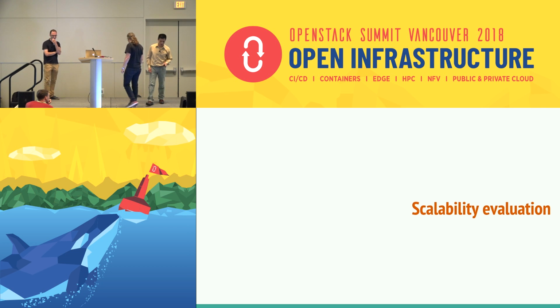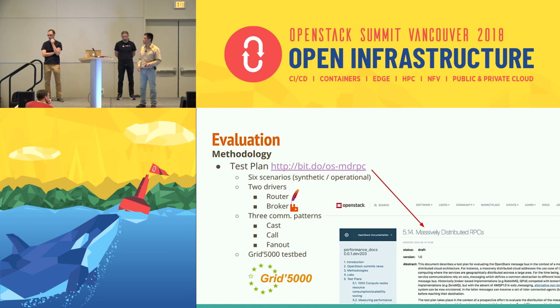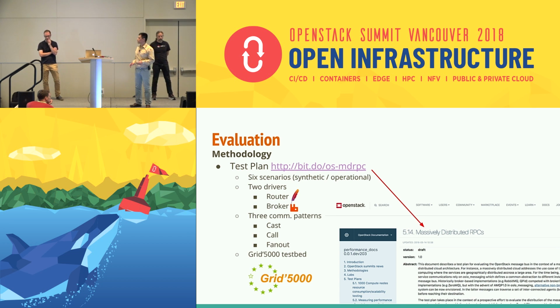Thank you. Now we have a better idea about RPCs. We will talk about scalability evaluation. First, let me explain a little bit how we worked. We defined a test plan that is available on the OpenStack website concerning the massively distributed RPCs.